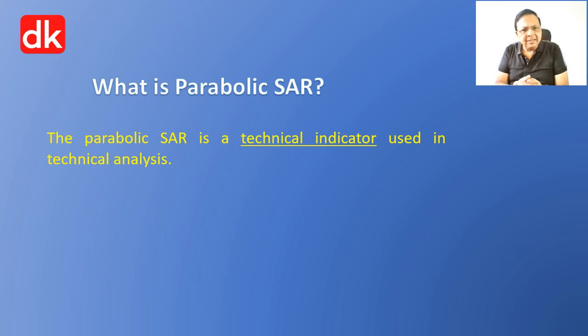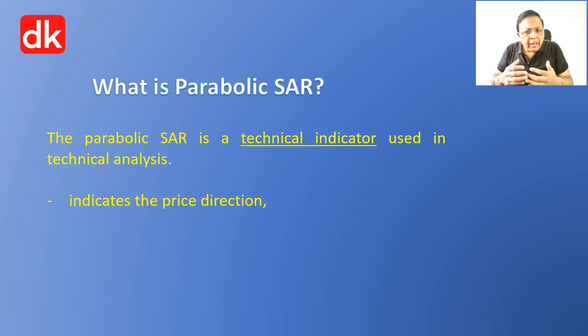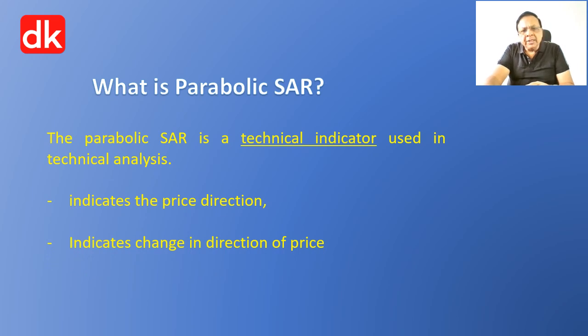This is an indicator which indicates the direction of the price, the trend of the market, and the direction in which the price is likely to move. It also indicates a change in the direction of the market. The very nomenclature of this indicator indicates stop and reverse.